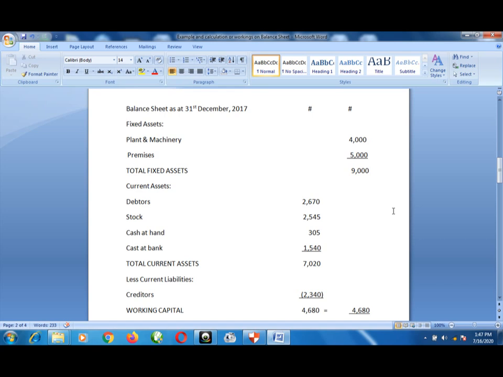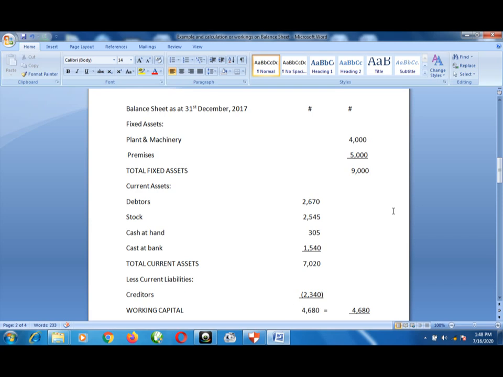Mind you, we are told that the sign of brackets, open and close, on any given figure indicates minus. When we subtract 2,340 naira from 7,020 naira, it gives a total amount of 4,680 naira. That 4,680 naira will serve as our working capital.